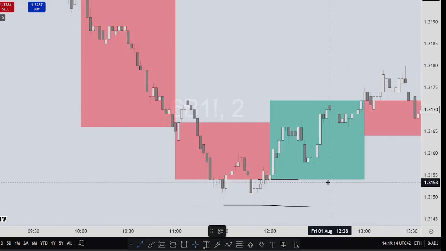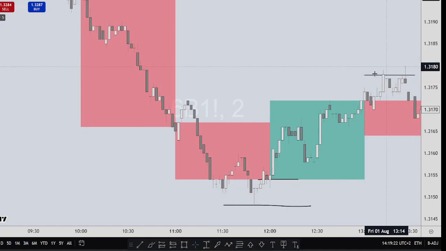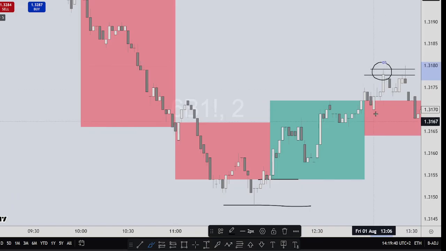We have this. Let's make some cool drawings. We have this level, which price does not close above. We have this high. So in between the levels, we have space where price did not want to go. Because the first hit up, we have this one, and the second one, we have this one.